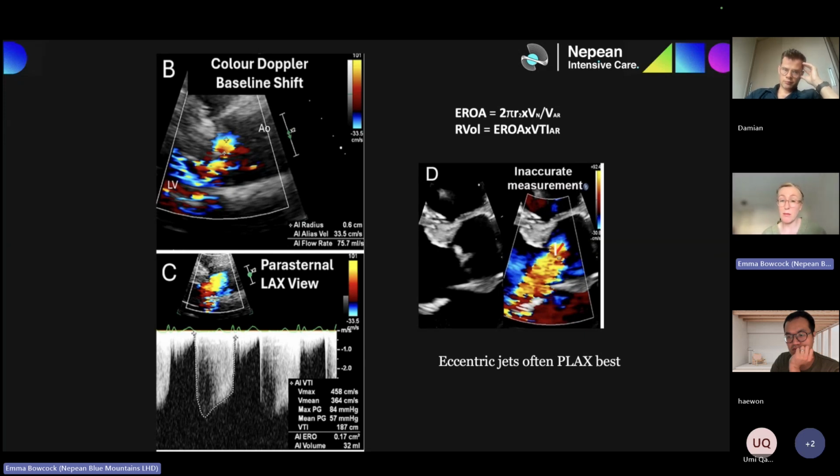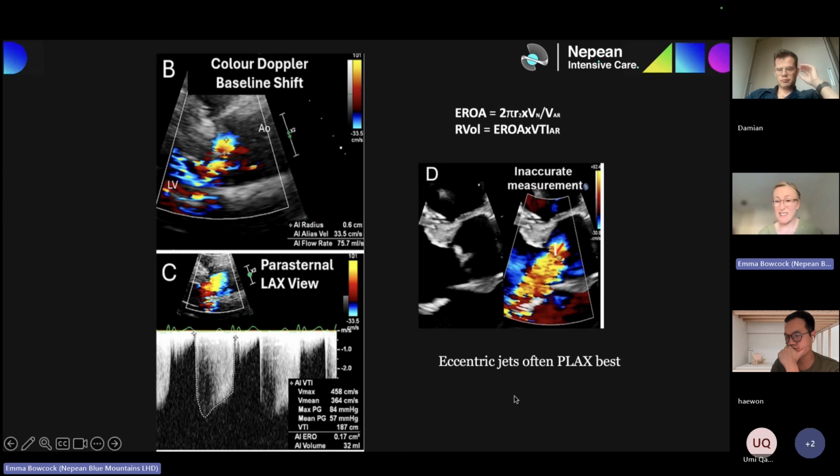The machine does it for you. But again, just remember, with this PISA radius, if you're a tiny bit off, you're going to square that error, because it goes into this equation here. You might be off with your alignment for your continuous wave. You might not get your Vmax quite right.